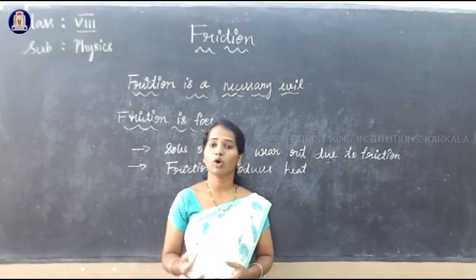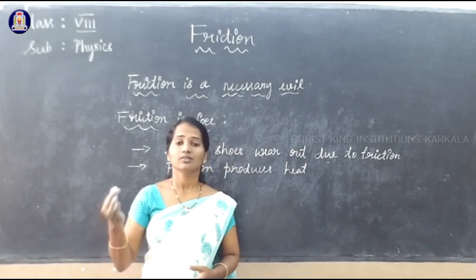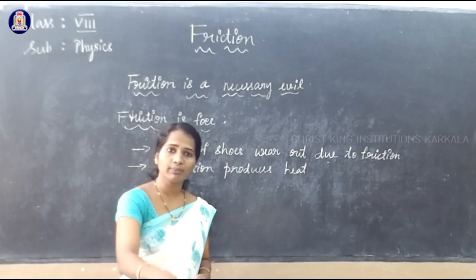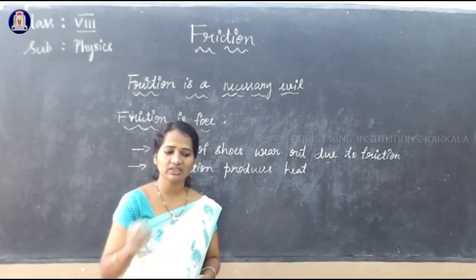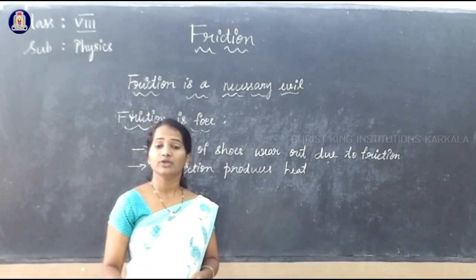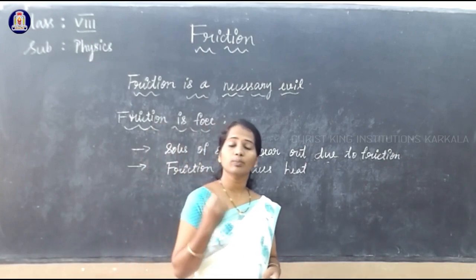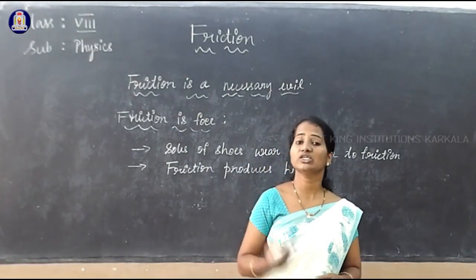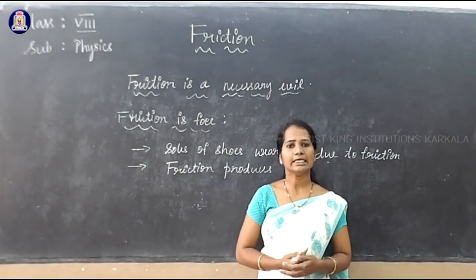If you want to change the direction of the vehicle, or stop it, there should be friction between the tires and the road. And it is not possible to construct a building if there is no friction. So friction is very important in our life.